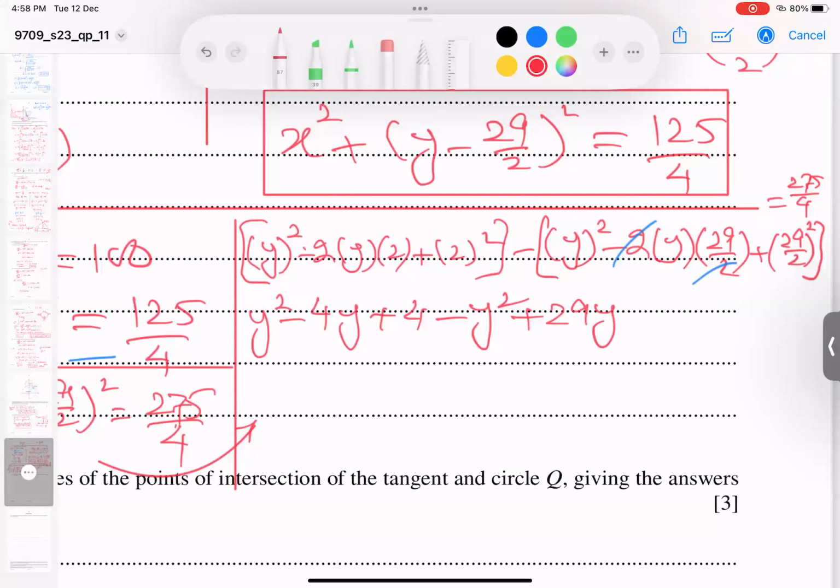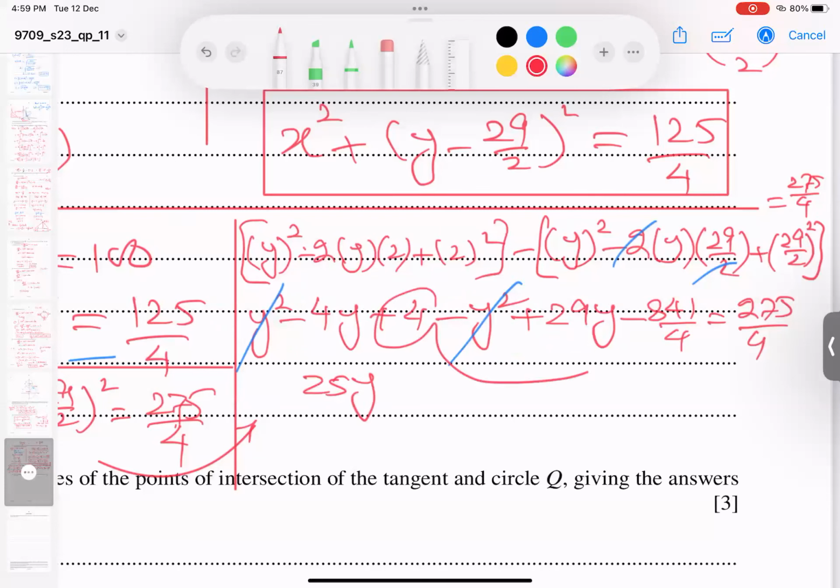And what about this, students? 29 by 2 square. If you square it, you will get what here? A plus, not plus, sorry, due to the negative sign, negative. And I get 841 over 4 equal to 275 over 4. You know, y square cancels, students. Alhamdulillah, Rabbil Alameen. Now 29 and out of 4 gone, I got 25y.